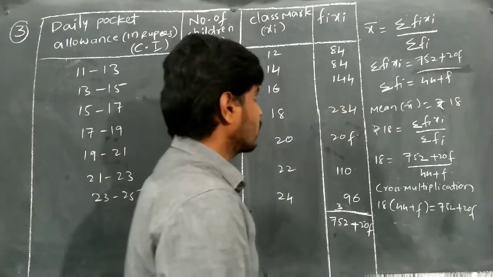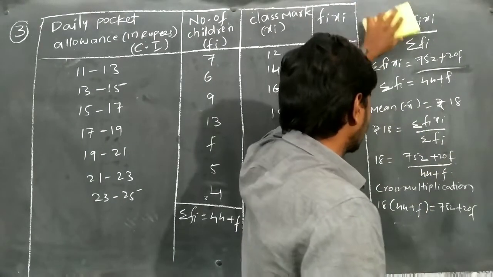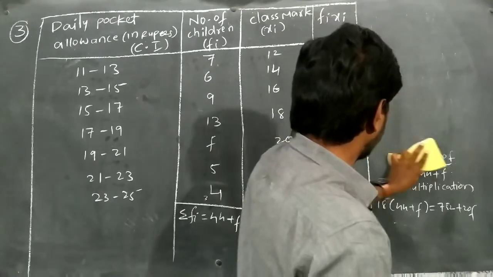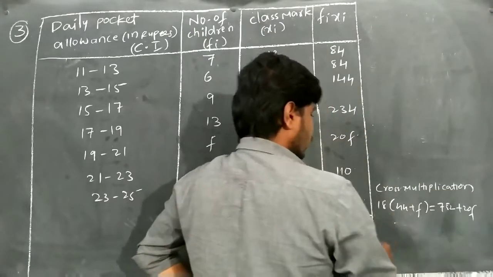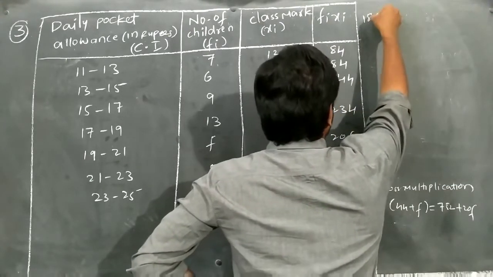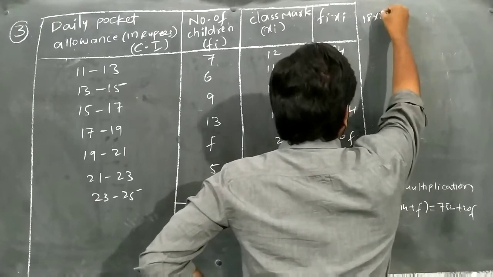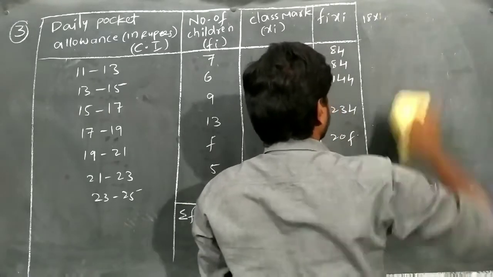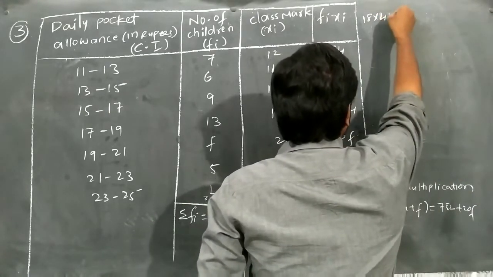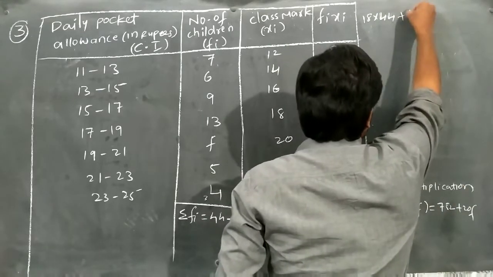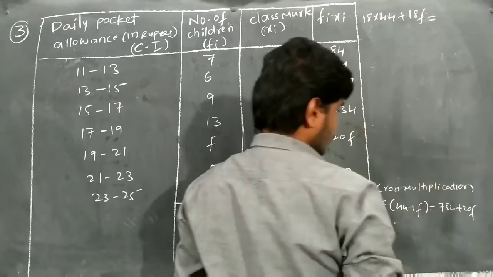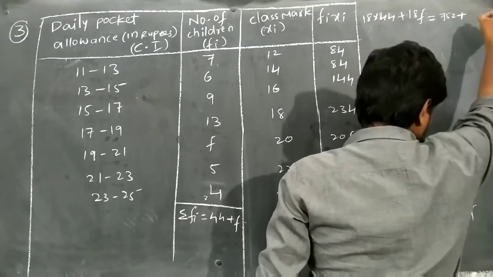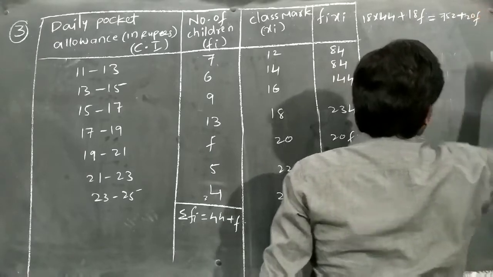Okay, right. So I am going to erase this here. So 18 into 44 plus 18f is equal to 752 plus 20f as it is.